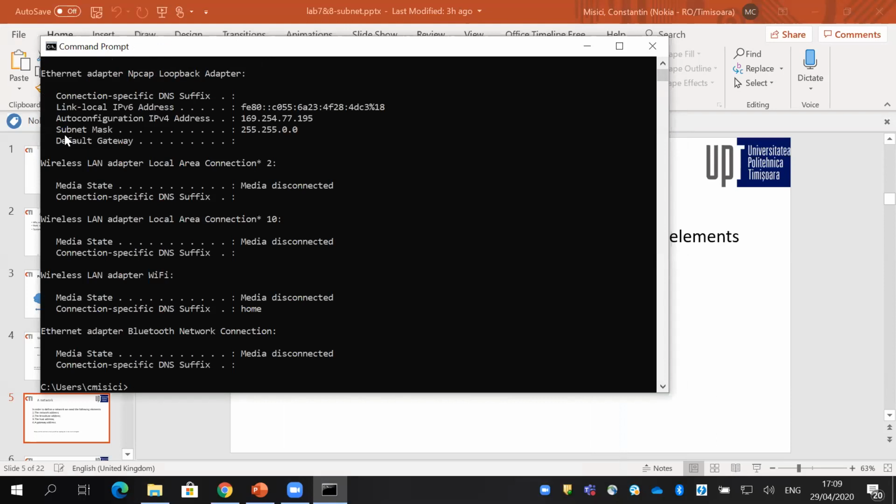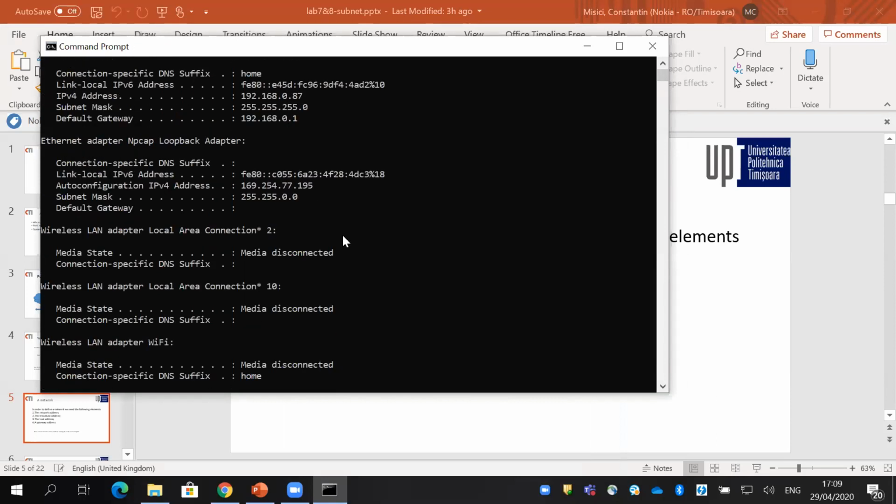Can you see it here? Something like a subnet mask? Yes. Okay, so whenever you have an IP address on your computer, you're going to have a network mask or a subnet mask attached to it. Today, we're going to talk about it a little bit more, and we're going to see what that one actually does. It's okay? Okay.